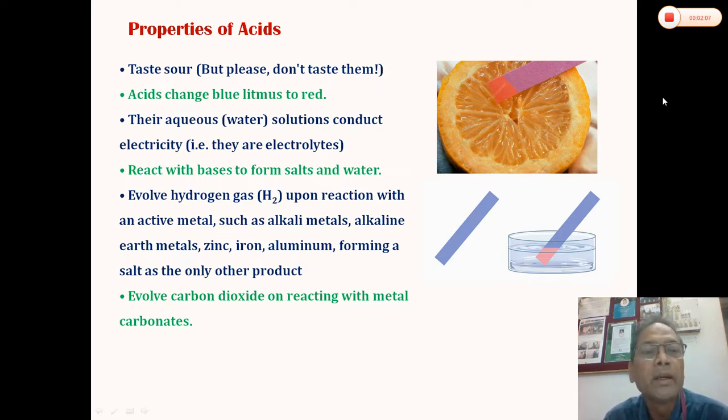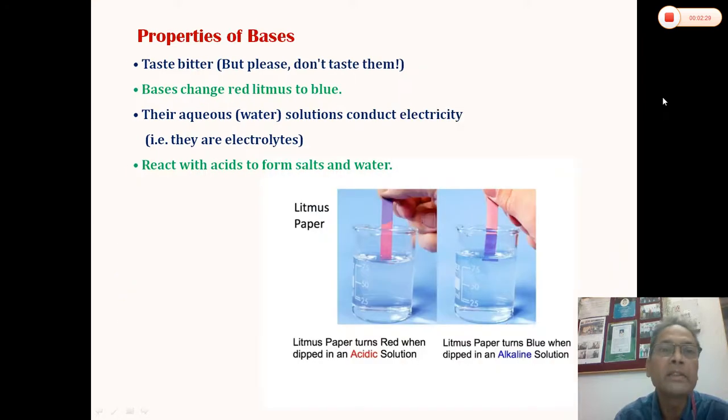Acids react with active metals like alkali metals, alkaline earth metals, zinc, iron, and aluminium, and liberate hydrogen gas by the formation of salts. Similarly, acids evolve carbon dioxide on reacting with metal carbonates. These are the properties of acids.